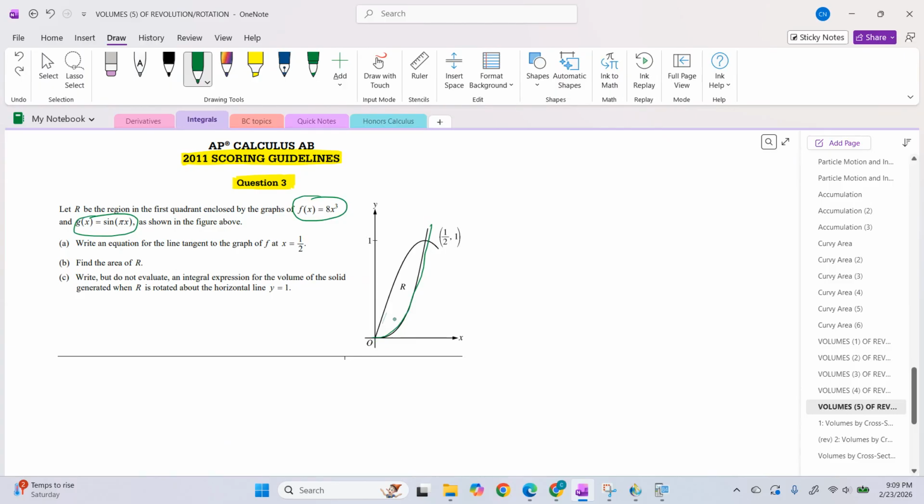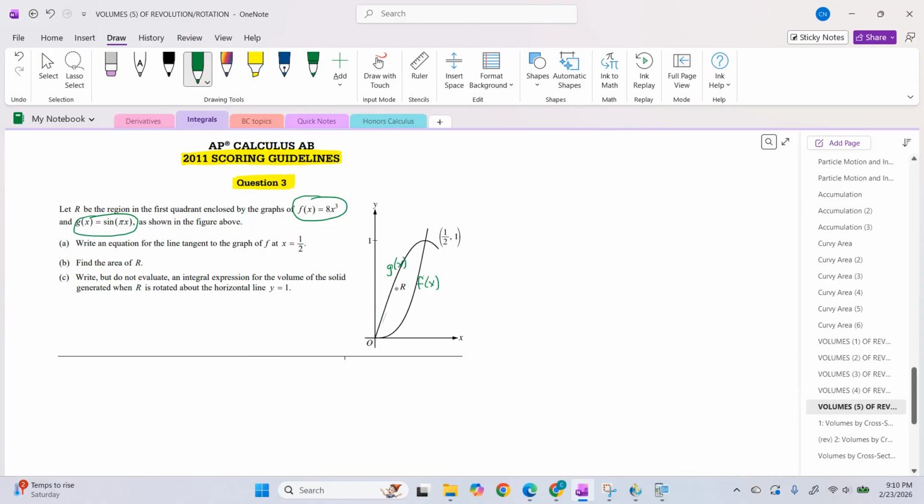And a sine function starts concave down at the origin and then switches to concave up. So let me label this: this one is f of x, and this one is g of x. Okay, so there's my region.